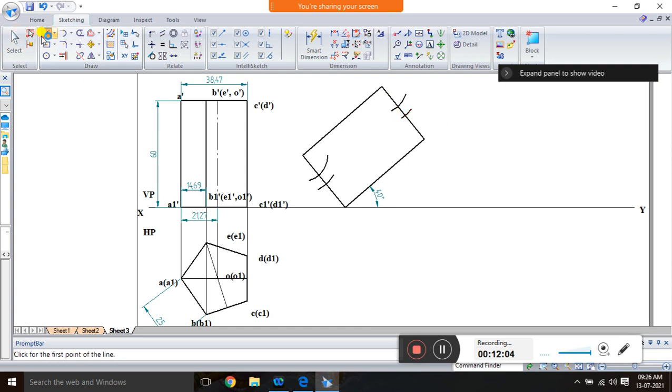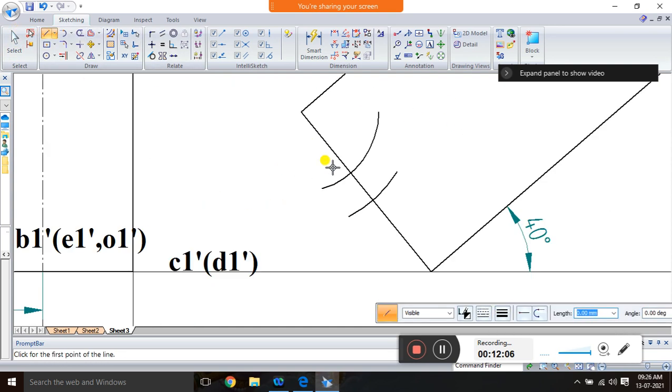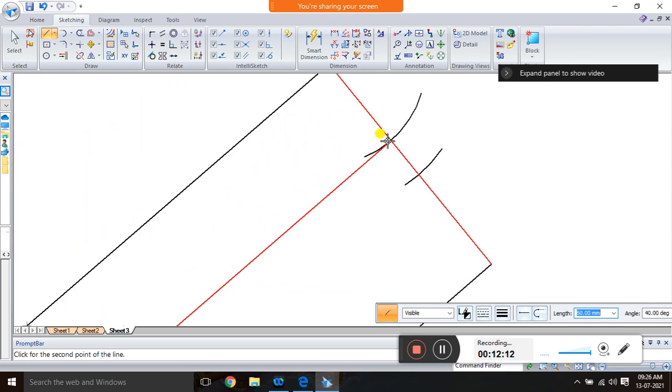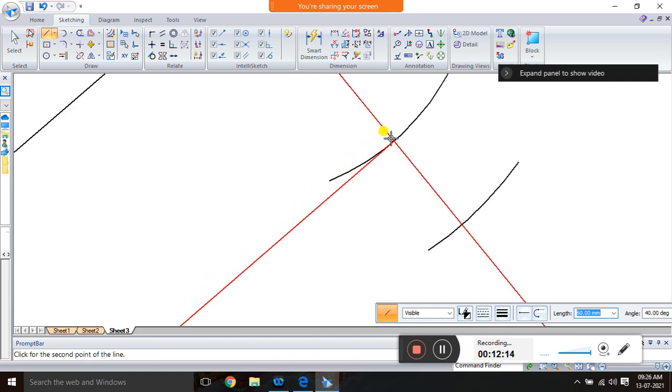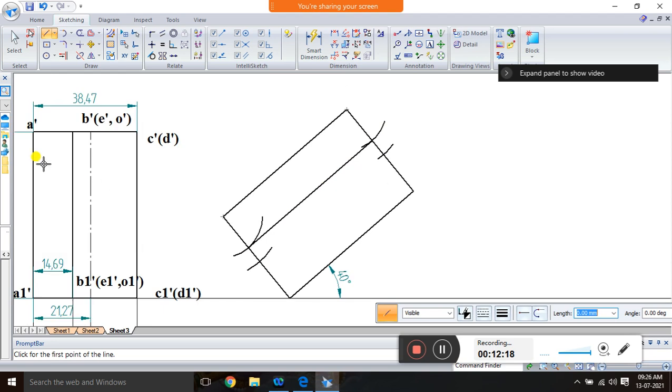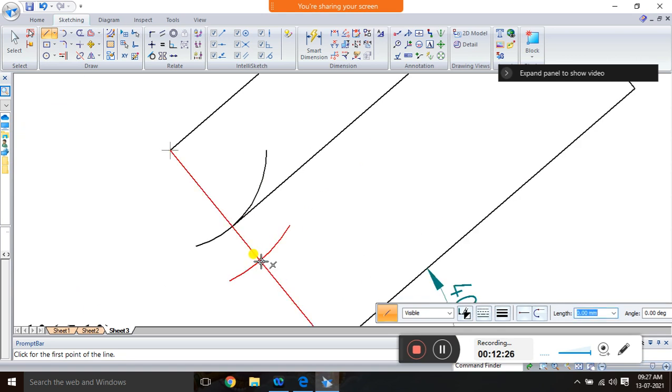Then use the line and join. First you have to join these two. So here, okay, that gives the edge, the first edge, and second you need to construct that axis. Yes, this is the axis.